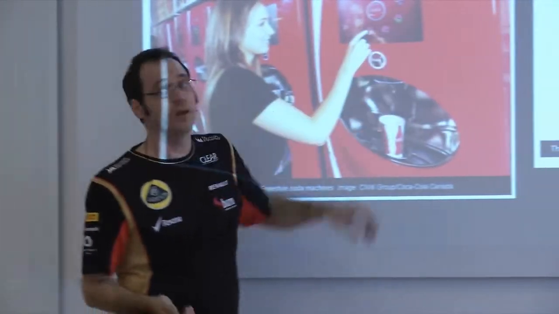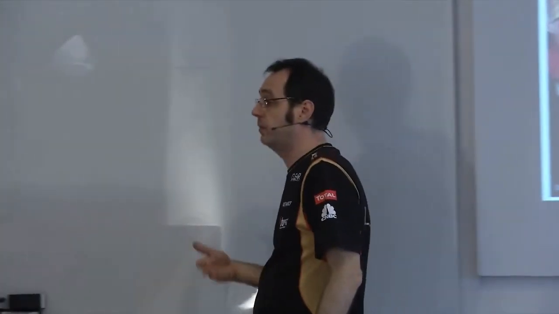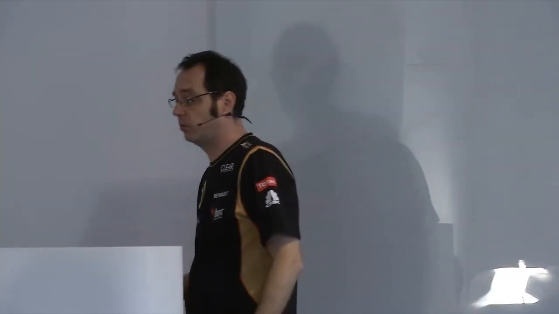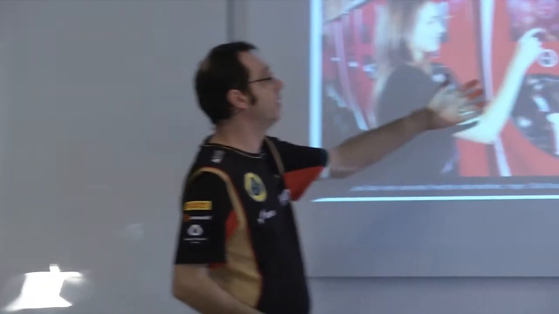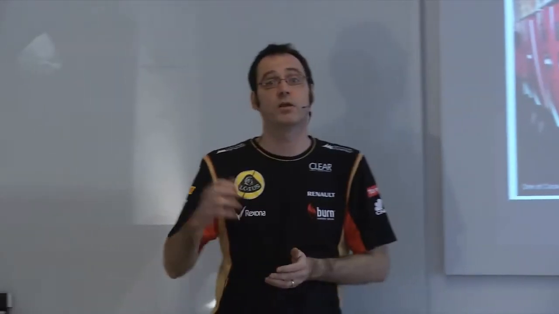This machine will be able to send alerts, statistics about how many cups of Coke it's poured. Also, if anything's going wrong with that machine, it will be able to provide an alert. So the service engineer can go into a particular restaurant to a particular machine because it's reporting a problem using wireless technology.